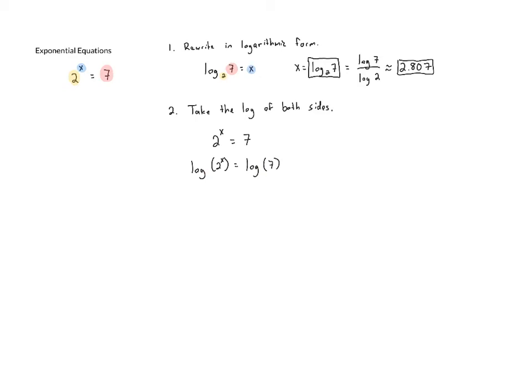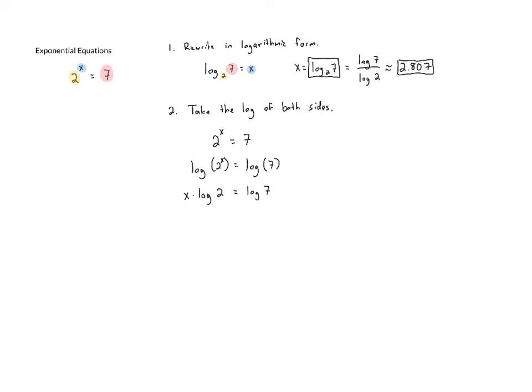So here I've taken the common logarithm of both sides, and the advantage that we have now is that this exponent can come out front as a coefficient from one of the laws of logarithms. So we can rewrite this as x times log of 2 equals log of 7.